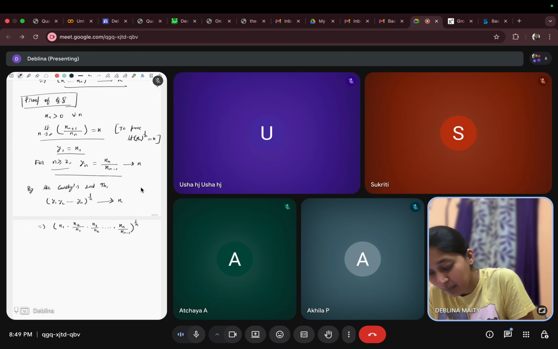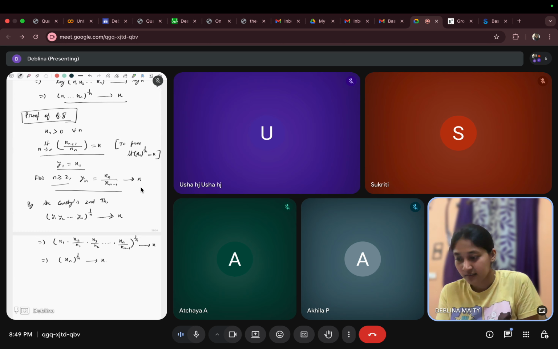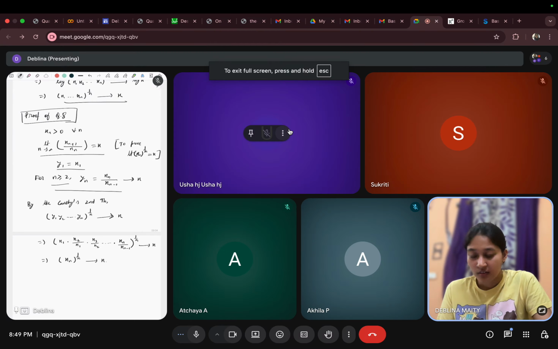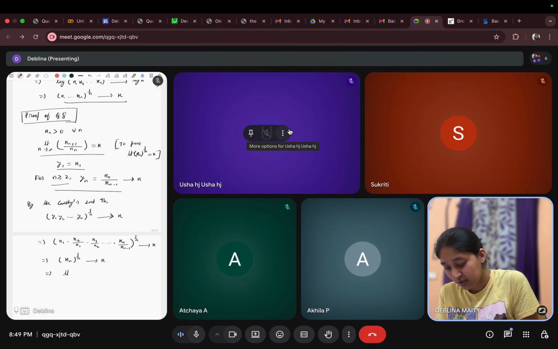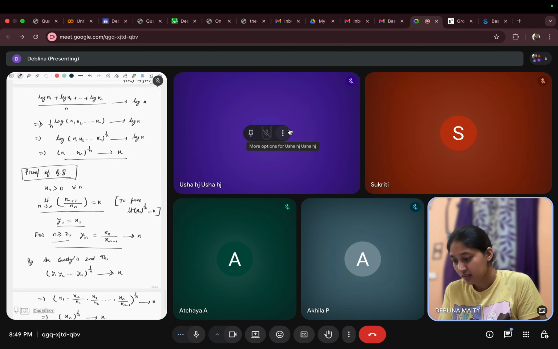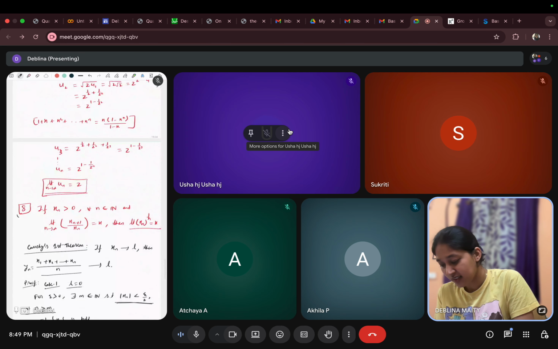So the product to the power 1 by n goes to x, which is xn to the power 1 by n goes to x, right? So the limit of xn to the power 1 by n is x. So question A is proved, right? So this is done.